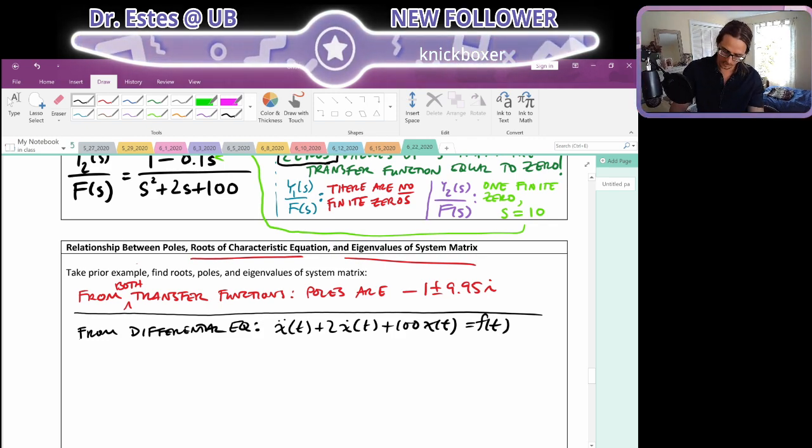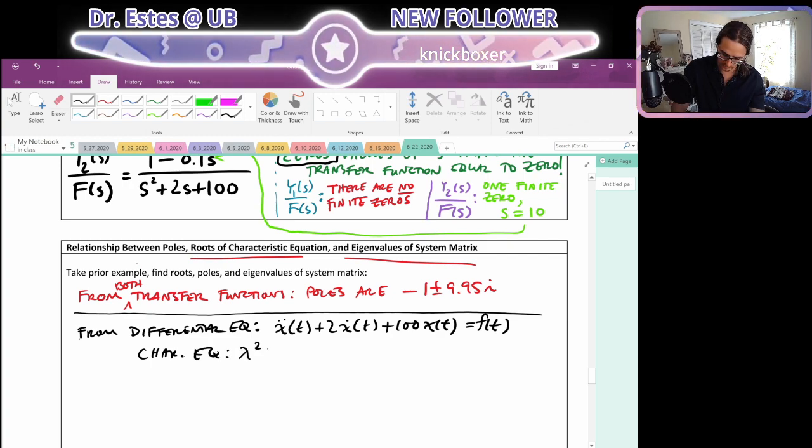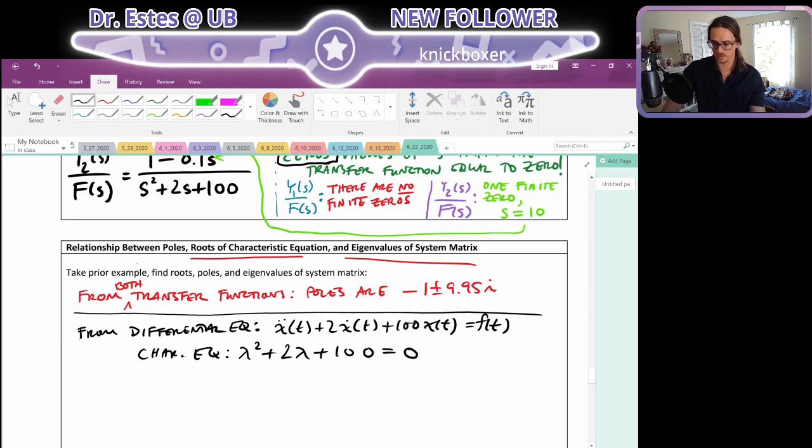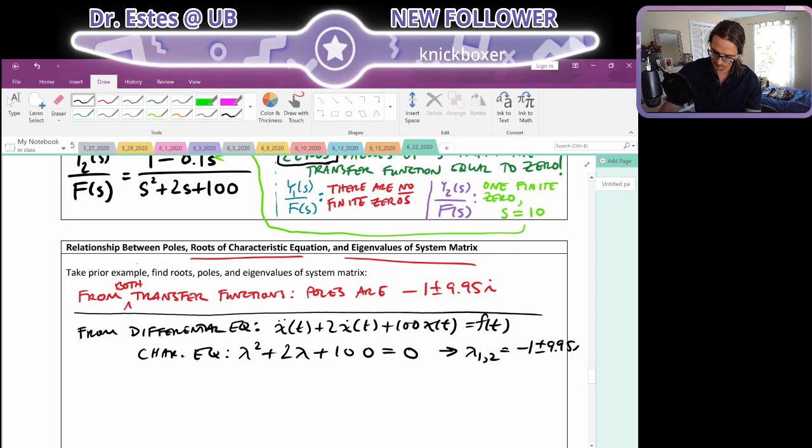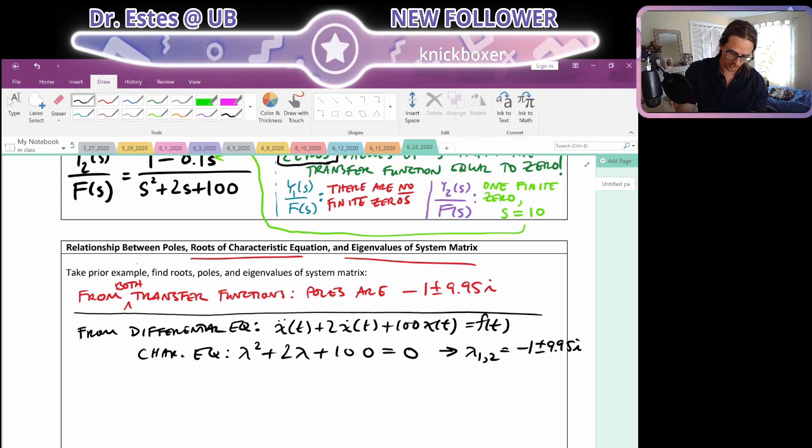If we find the characteristic equation, it's going to be lambda squared plus 2 lambda plus 100 equals 0, right? Well, that looks familiar, doesn't it? That's the same polynomial, so we'll get those same roots.